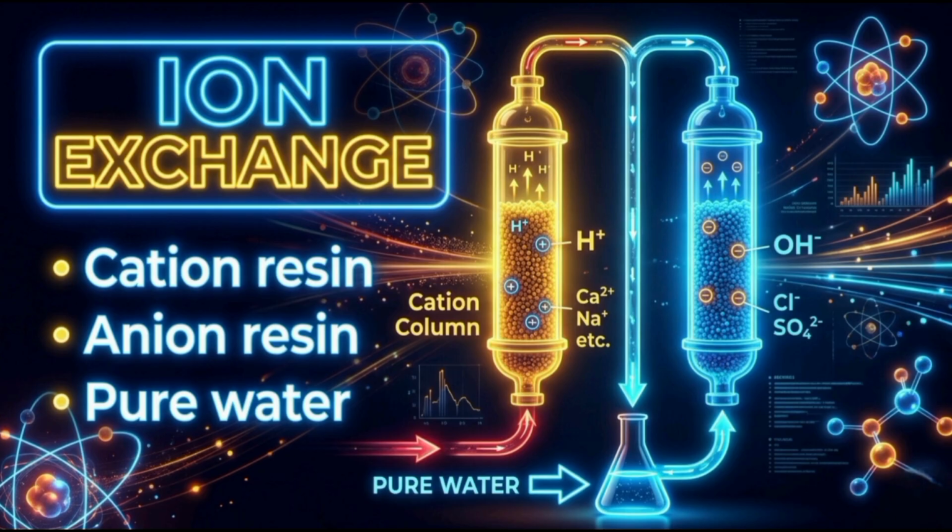Then the water passes through an anion exchange resin, which replaces anions like Cl- and SO4 2- with OH- ions. The H+ and OH- ions combine to form pure water. This method produces highly purified water and is widely used in industries. The resins can be regenerated using acids and bases, making the process economical.